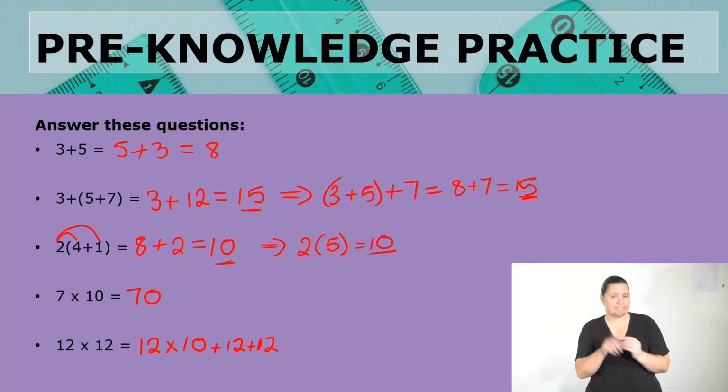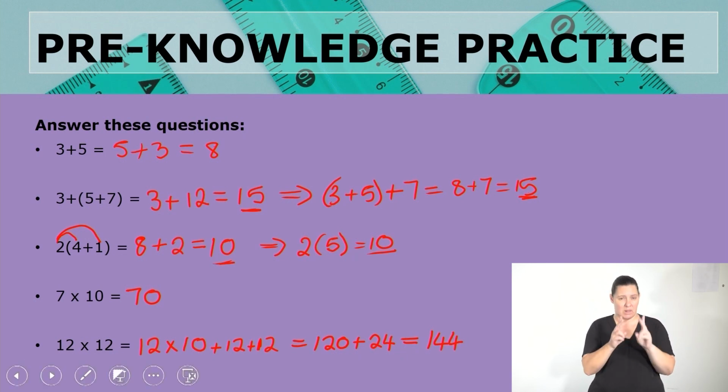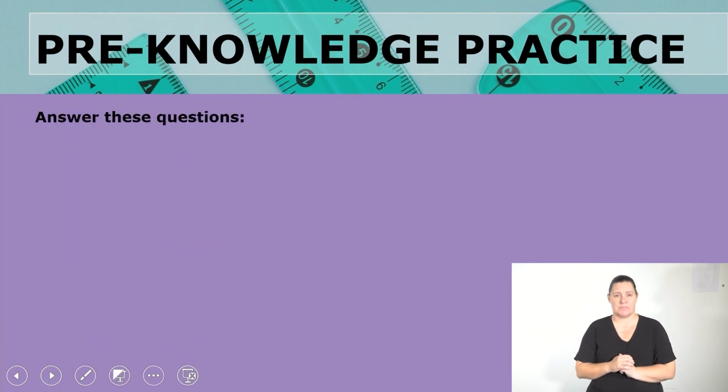So 12 times 10 is 120. Then we will add those two 12s there. We are adding 24. That gives us a final answer of 144. So 12 times 12 is 144.